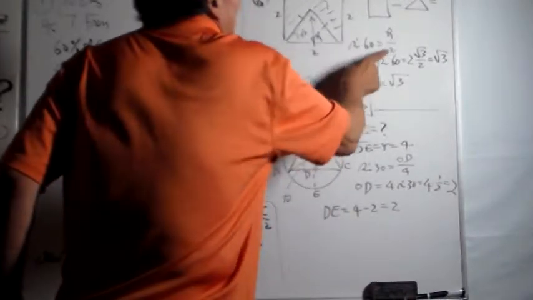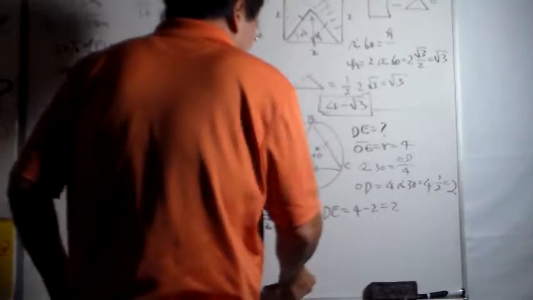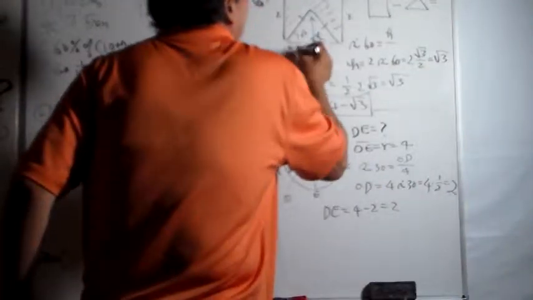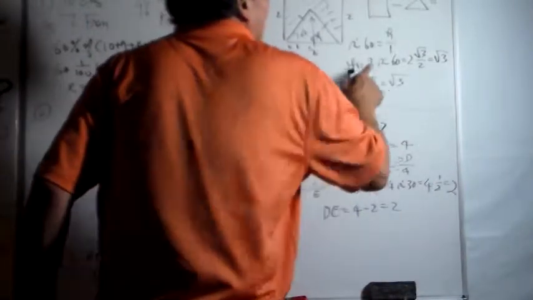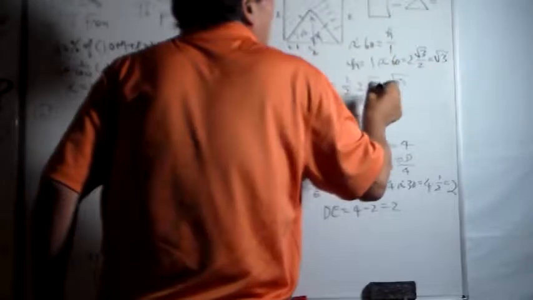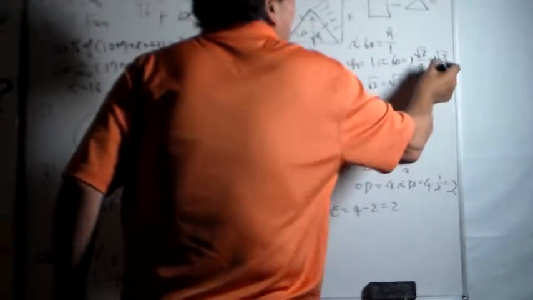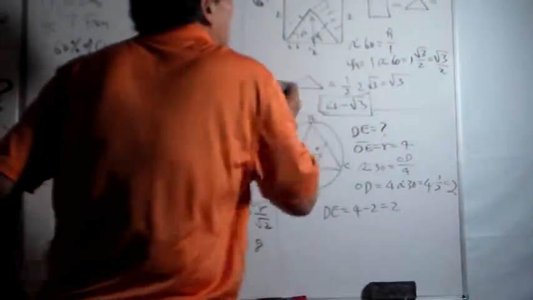This is 2, so this is going to be 1, I guess. So we're going to use the sine. This length is 1. So sine 60 is h over 1. Sorry about that. So the height is root 3.